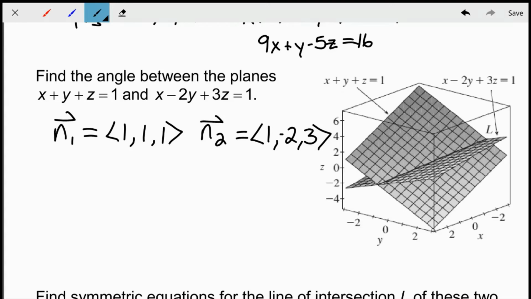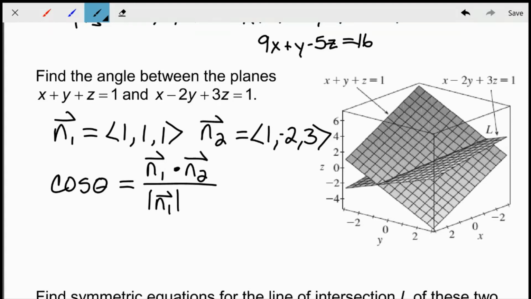Well, we can find the angle between two vectors by thinking about a dot product, right? So the cosine of the angle between two vectors should be equal to the dot product of n1 and n2 divided by the magnitude of n1 times the magnitude of n2.